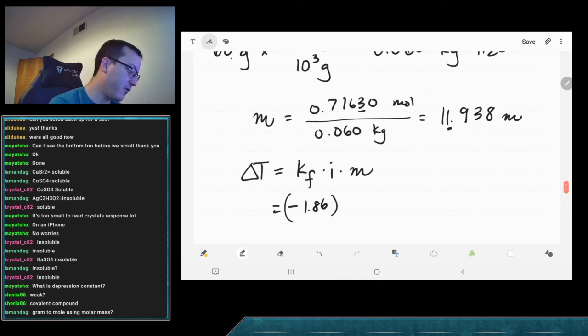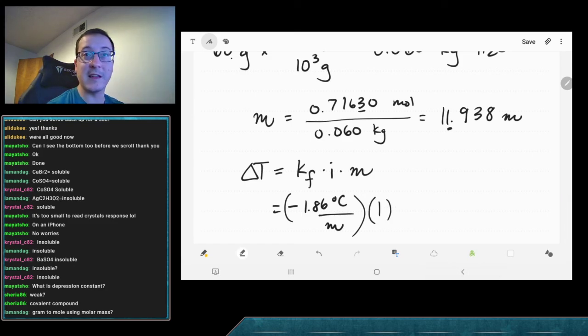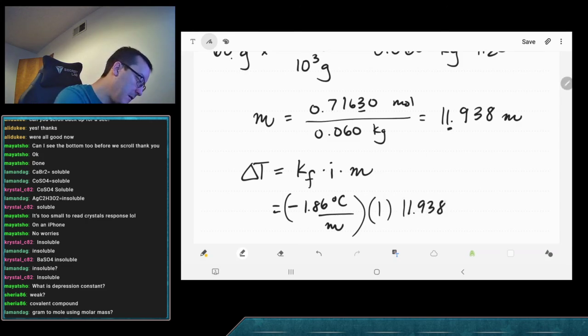We have negative 1.86 degrees Celsius per molal. We have 1, which has no units. Remember, that's our Van 't Hoff factor. Because ethanol does not break apart when we dissolve it, it's got an i of 1. And then we have this 11.938 molal.